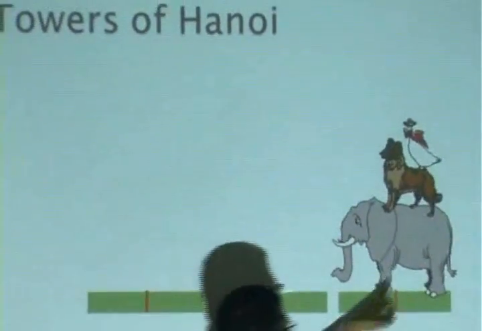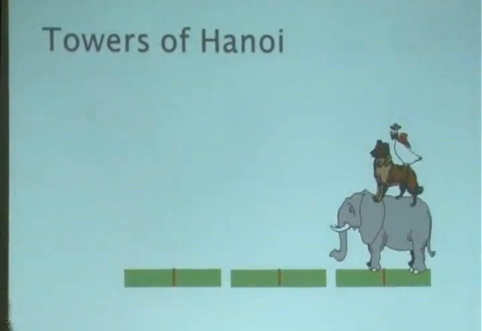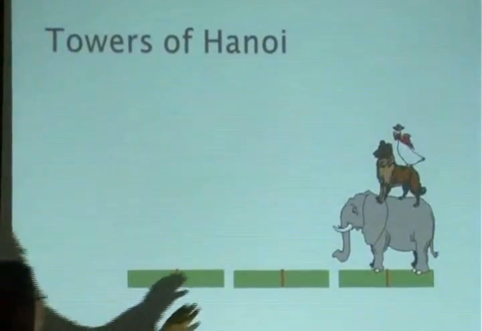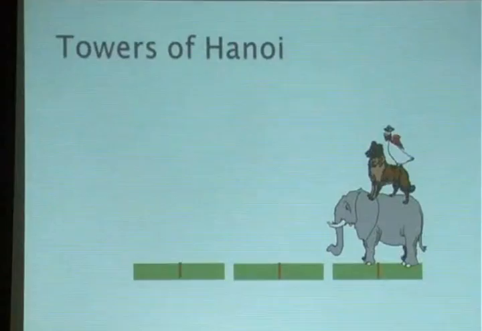Suppose in this we have 3 disks. Now, these 3 disks I want to shift to the other pole as they are. The goal condition should always be satisfied: a smaller one should be placed on the larger one. So what should we do here?